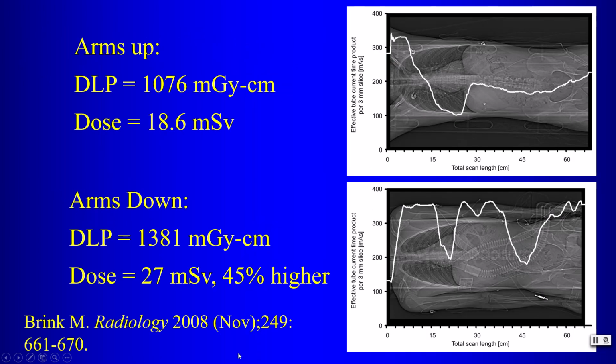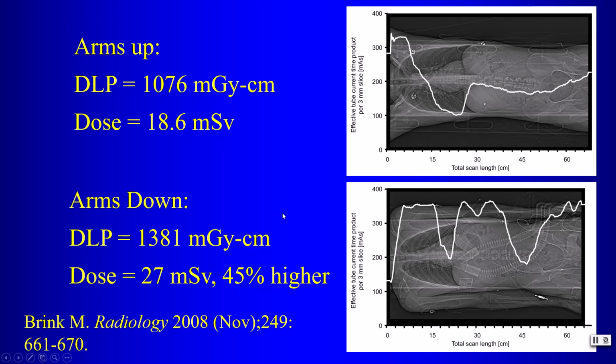Well, this was studied in this particular paper, and with the arms up in these patients, you can see that the estimated dose is about 18.6 millisieverts as opposed to the arms being down. Again, the CT scanner with automatic exposure control, as it's going through all of this extra soft tissue, tries to maintain the same image quality, so it will increase the mA of the scan and it will increase the dose to the patient.